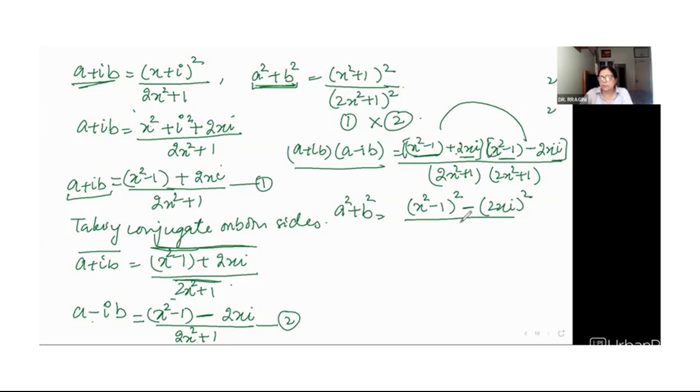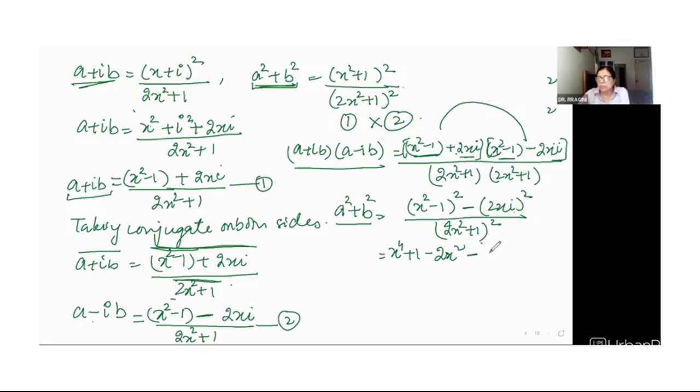Denominator is the square of this bracket. So we have got this LHS from here. We have got this denominator. We just need to simplify the numerator. A square plus b square. Be careful, if you write here, this is a square plus b square minus 2ab. And if you take the square of this number, this is what?